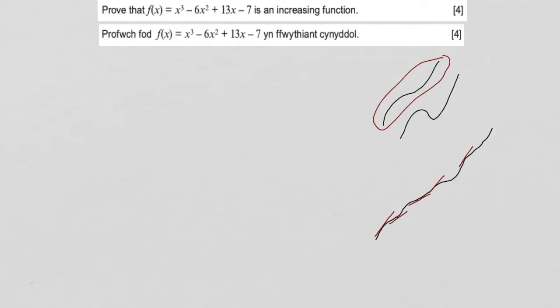So we could do this question just by saying that if f of x is x cubed minus 6x squared plus 13x minus 7, then f dashed of x, and note that if f of x equals y, then f dashed of x just means dy by dx, which is the more familiar way that you'll have seen the derivative.